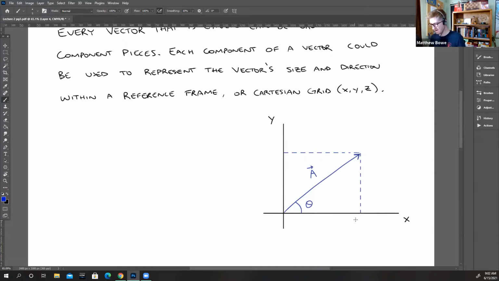The reason I added these dotted lines is because if you look down at the bottom here, this is a 90-degree angle, the dotted line that I made and this x-axis. Right there is a 90-degree angle. A 90-degree angle means that this interior makes a triangle that I can actually solve very easily.